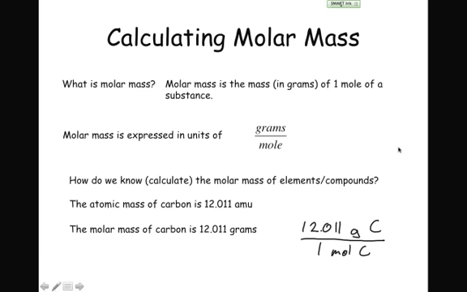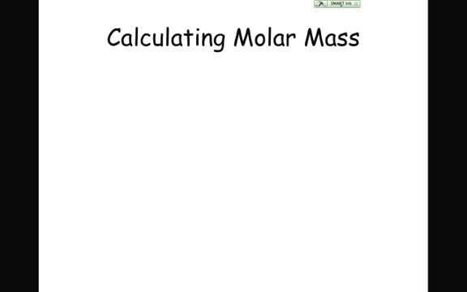That would be an important thing to know. Not just this particular one, but that's how it works. It's the grams of the substance per mole of the substance. And that's how you just get it off the table. It's really easy. Just go to the periodic table and find the mass.